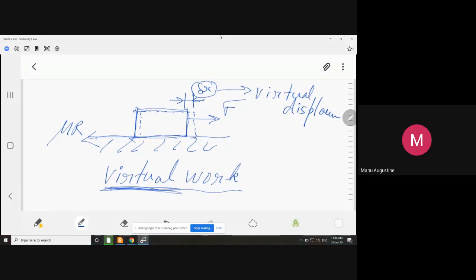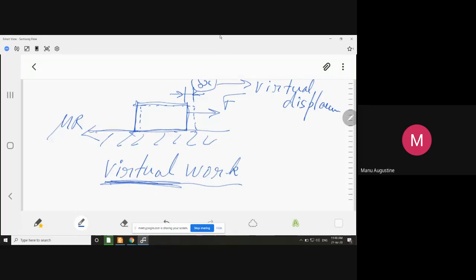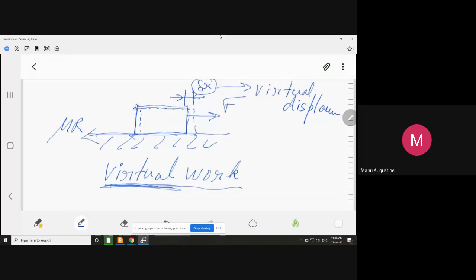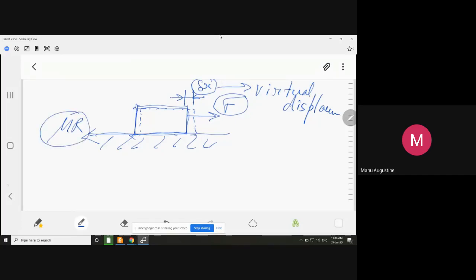Anyway, from this problem, I want you to tell me two answers. What is the virtual work done by force F and what is the virtual work done by force mu R? Give me the correct answers of virtual works with the proper sign.